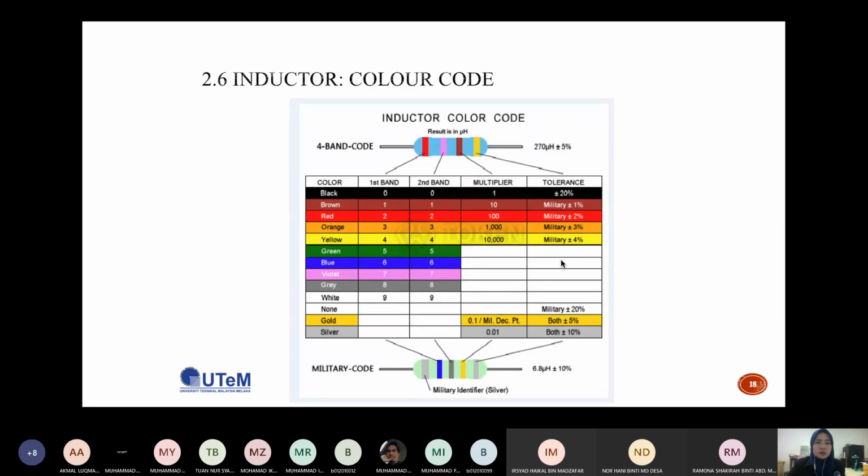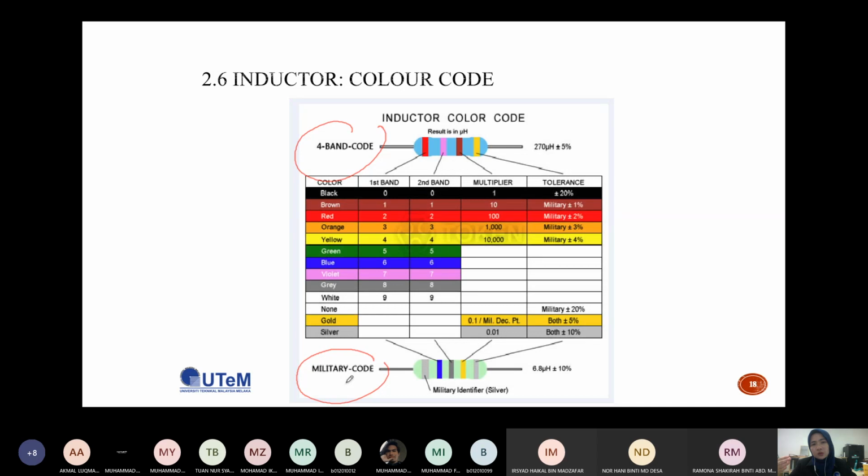And okay, so this is how to determine the value of an inductor. Basically we have two inductor color codes. The first one is the 4-band code. This one is the military code, which is used for military applications.